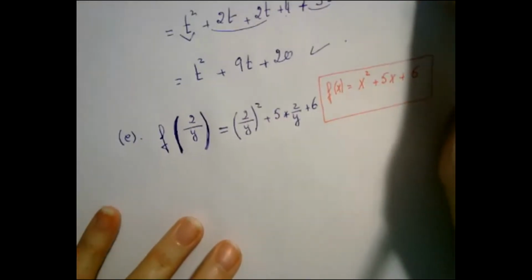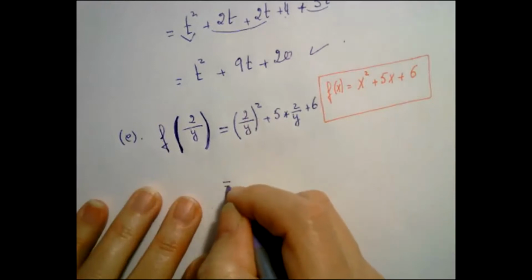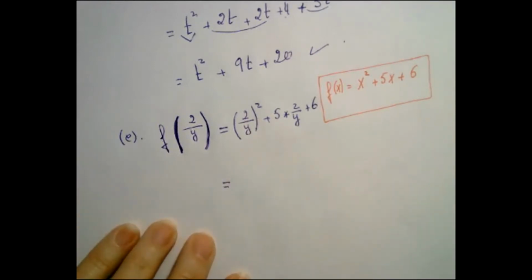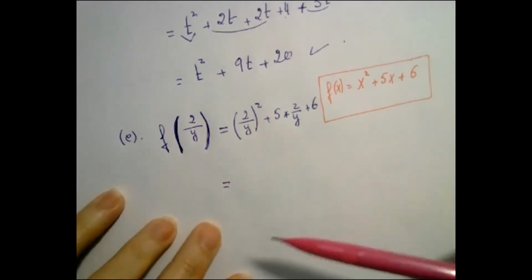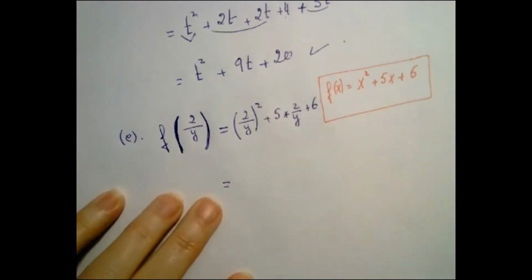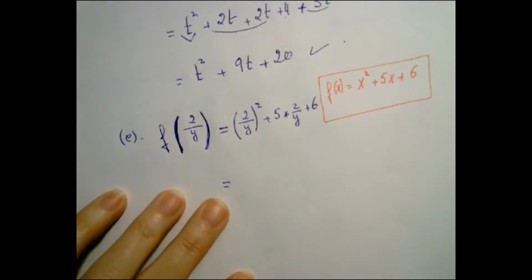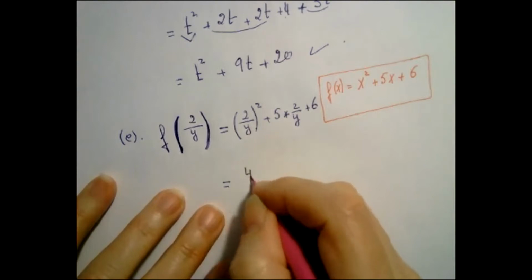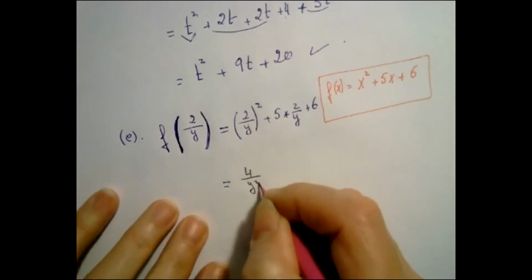Now the algebra. Very slowly. Keep going. The next would be 4 over y squared. Okay. Do you agree with him? 4 over y squared.